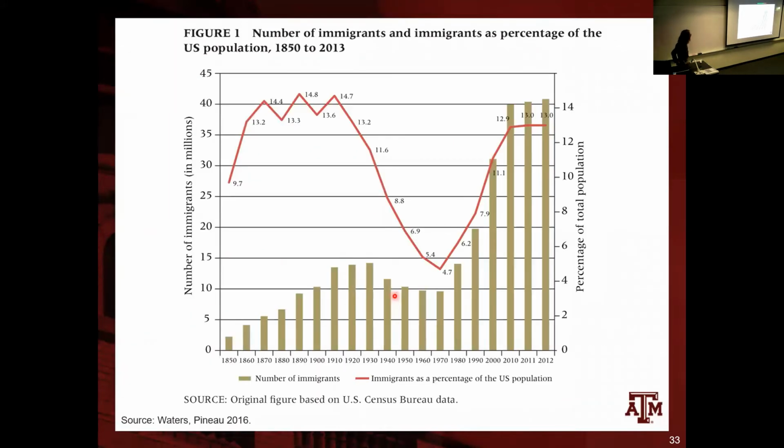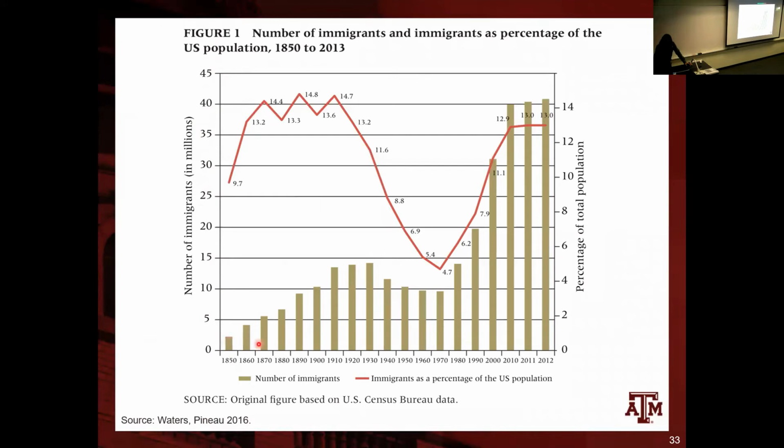And here, just to give you an idea of the trends of immigrants in the US, the green columns are the overall numbers in millions on the vertical axis on the left.